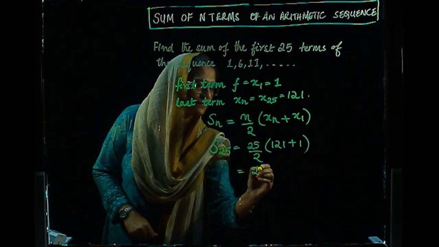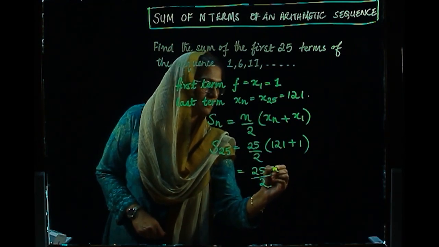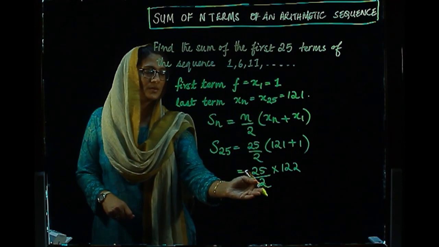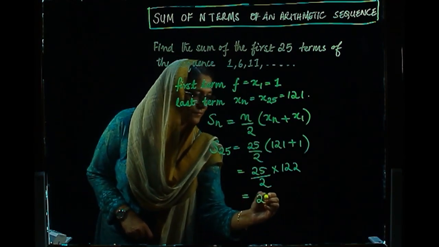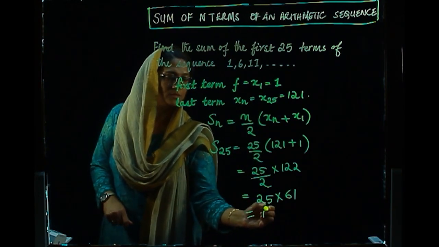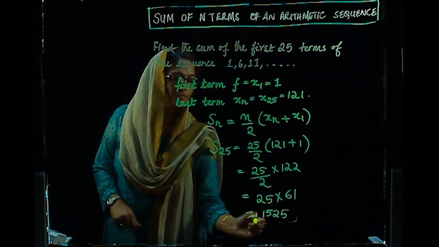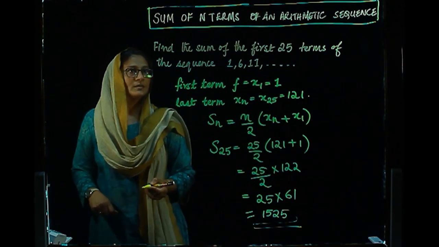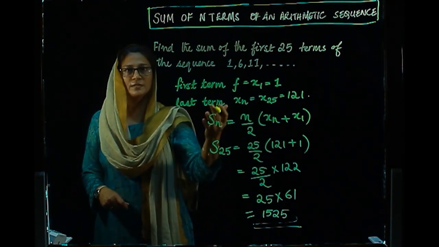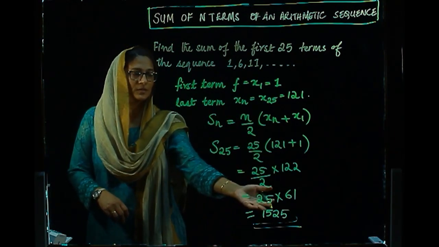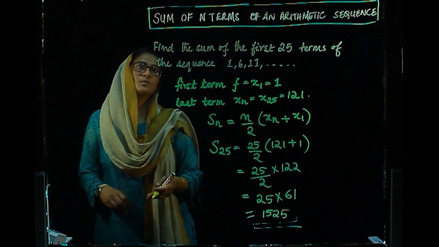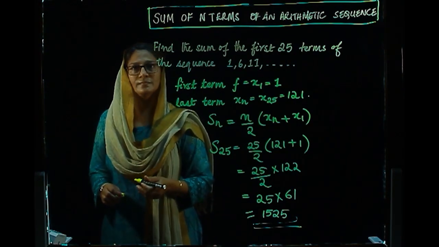So we have 25 by 2 multiplied by 122. Half of 122 is 61. So that becomes 25 into 61, which is 1525. So here, according to the question, if you have the first and the last term, you can find the sum using this formula, or you can use the other formula if you can't find the last term.